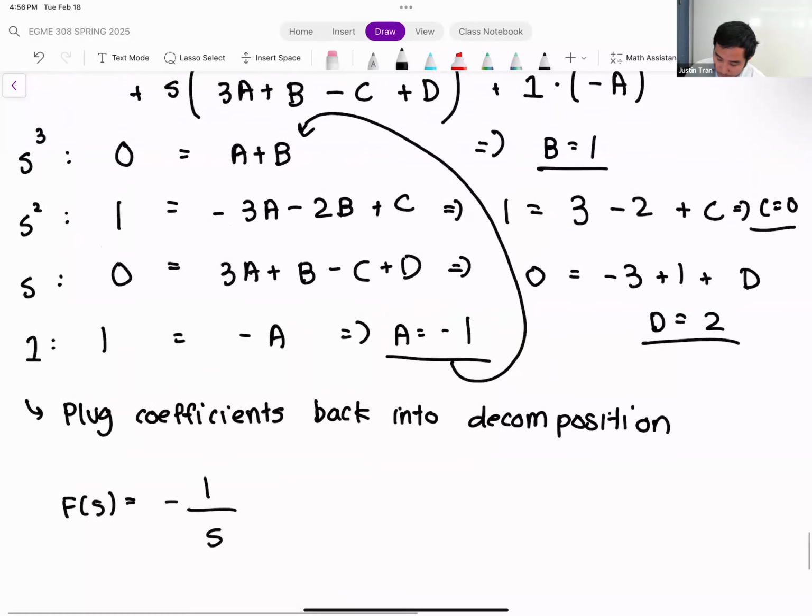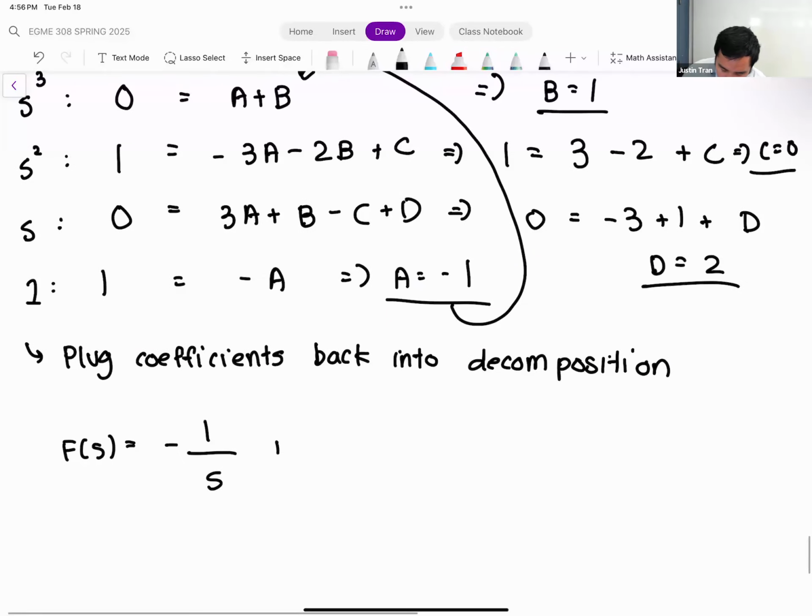Then we have b is equal to 1. So that's b, which is 1 over s minus 1. We have c is equal to 0, so I'm going to skip the c term. And then we have a plus d, or 2, over s minus 1 quantity cubed.